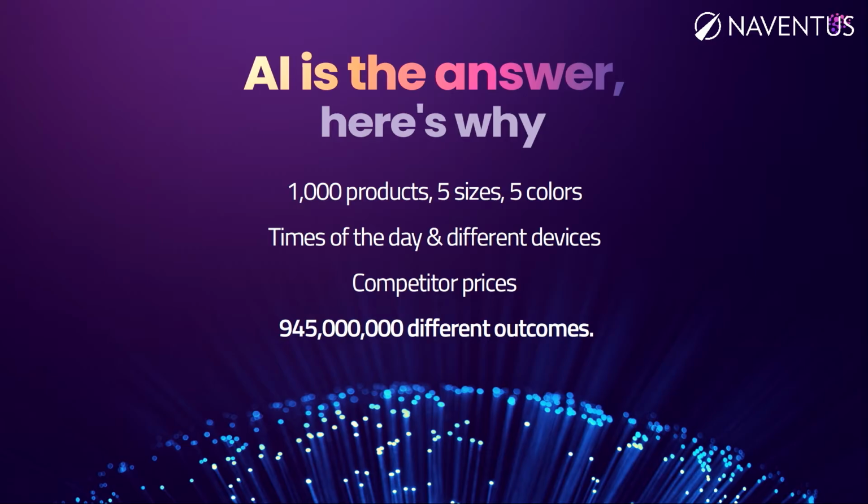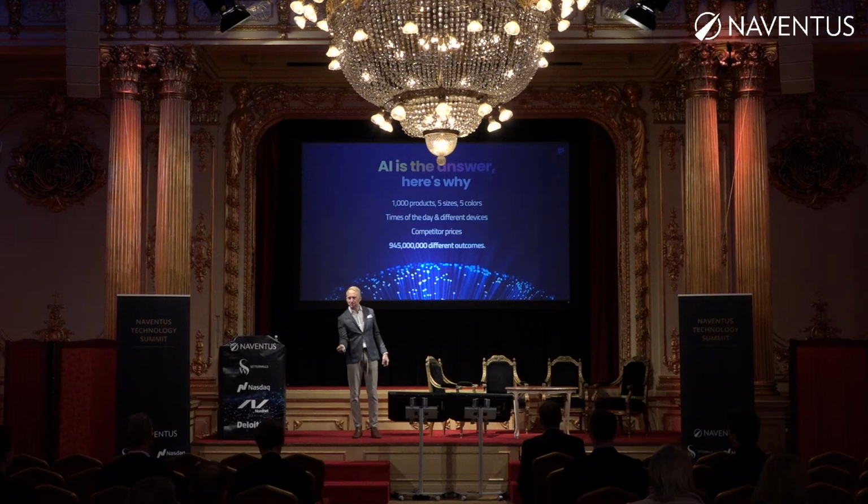So, why AI then? Well, if you take this, for example, that you have 1,000 products in your store, and you have 5 different sizes and maybe 5 different colors, and then you search at different points of time during the day with different devices, and then you have the competitor prices always changing, that alone is around 950 million different bid strategies to use.